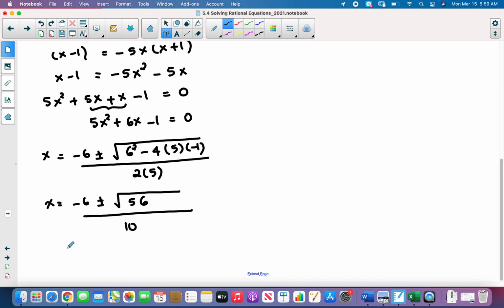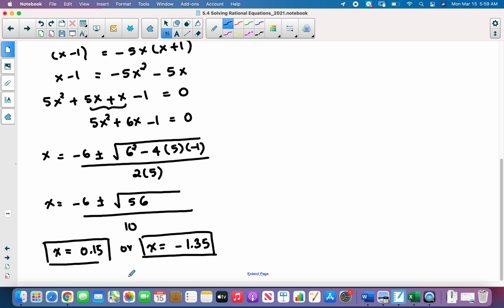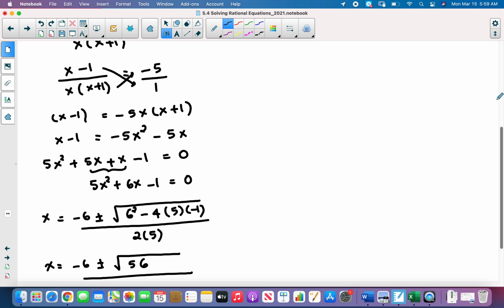And that will work out to, if you round it to two decimal places, approximately x equals 0.15, or x equals -1.35. So you have two solutions for that equation. Let's try the next example up here.